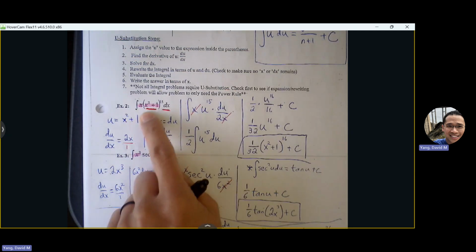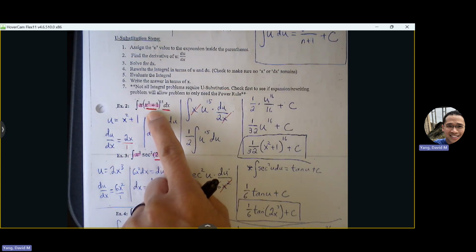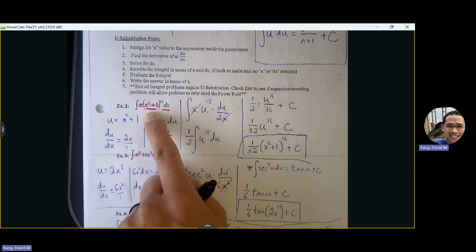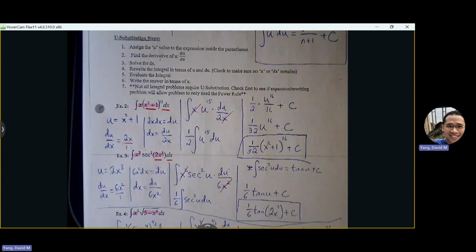So a quick review, for example 2, the way we approach this problem is we first ask ourselves, for every integral problem, can I just get by with expanding and relying on power rule? If either it's impossible to do, or it's too messy to go through that process, then we can think about u substitution.